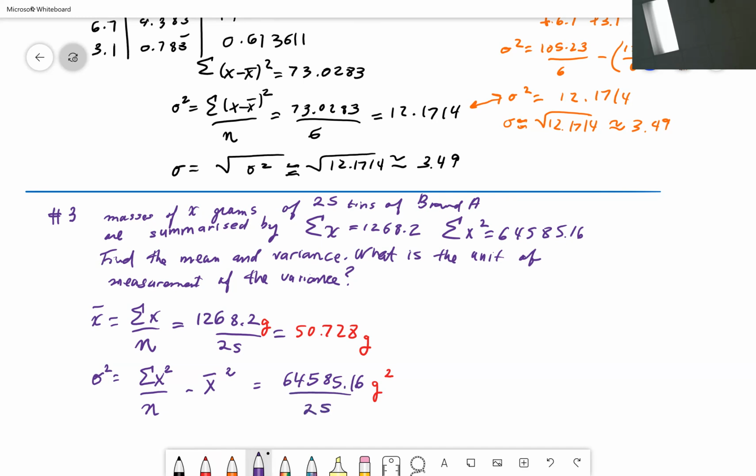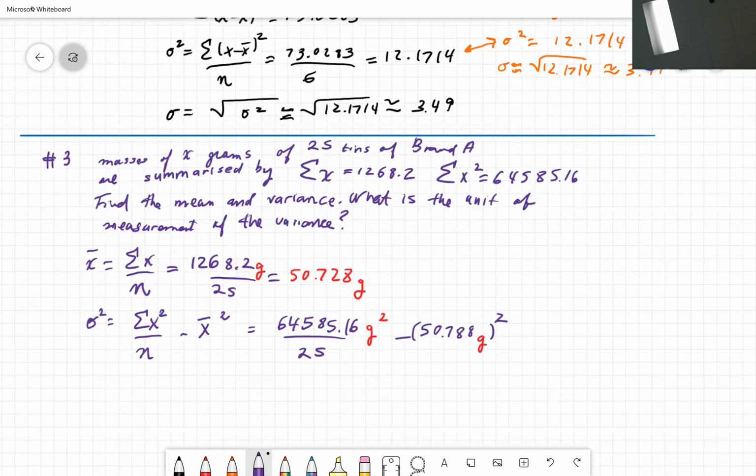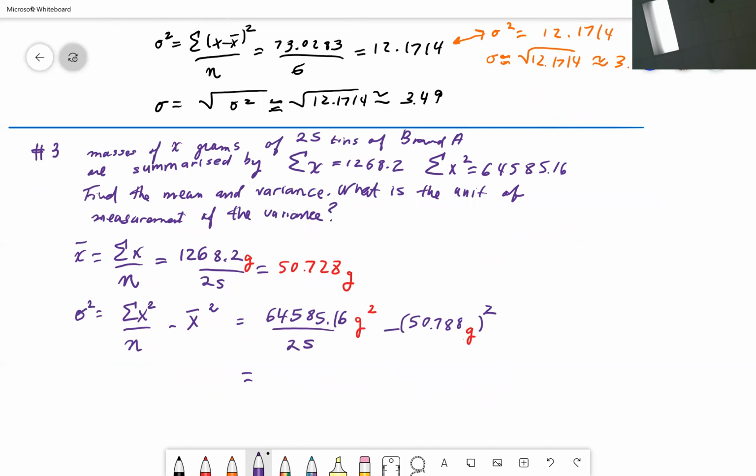And you're subtracting here 50.728, and you raise that to the second. Now I've got to be careful here. I want to emphasize this notion about the units. I've got to switch between purple and red. All right. So when I do this math, I'm going to go ahead and do it in the calculator. 64,585.16, divide that by 25.